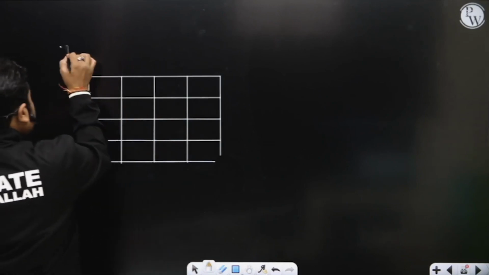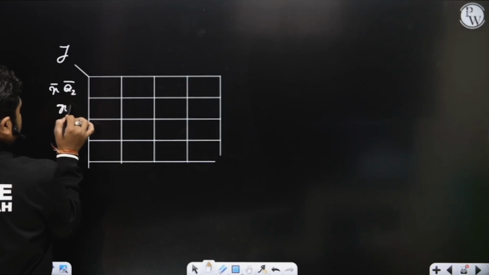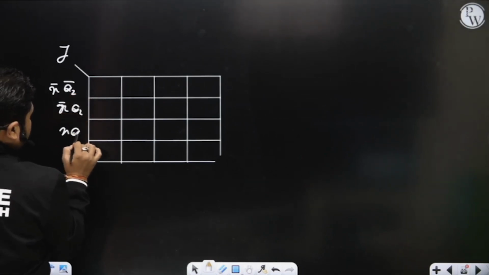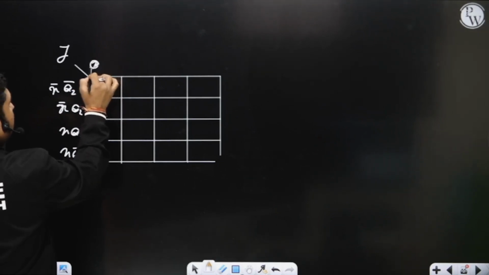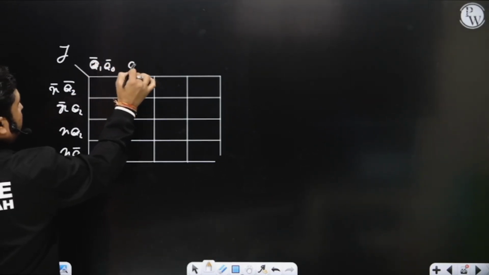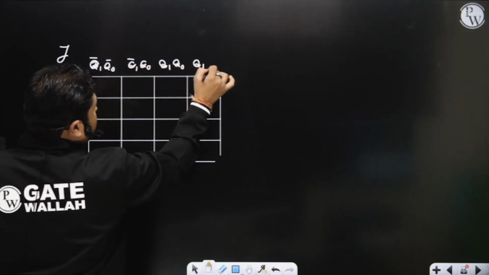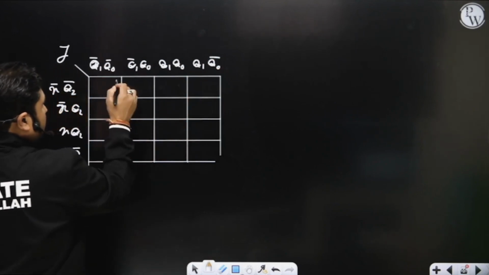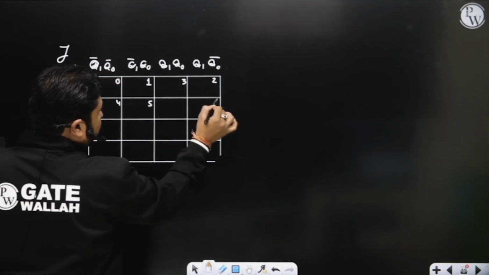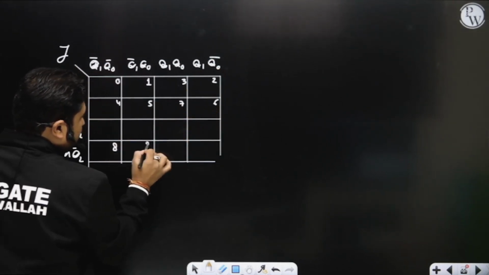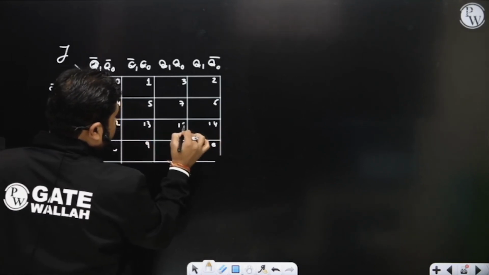Yes, sir. So we have x bar q2 bar, x bar q2, x q2 and x q2 bar, and q1 bar q0 bar, q1 bar q0, q1 q0, q1 q0 bar. This is 0, 1, 2, 3, 4, 5, 6, 7, 8, 9, 10, 11, 12, 13, 14, 15.